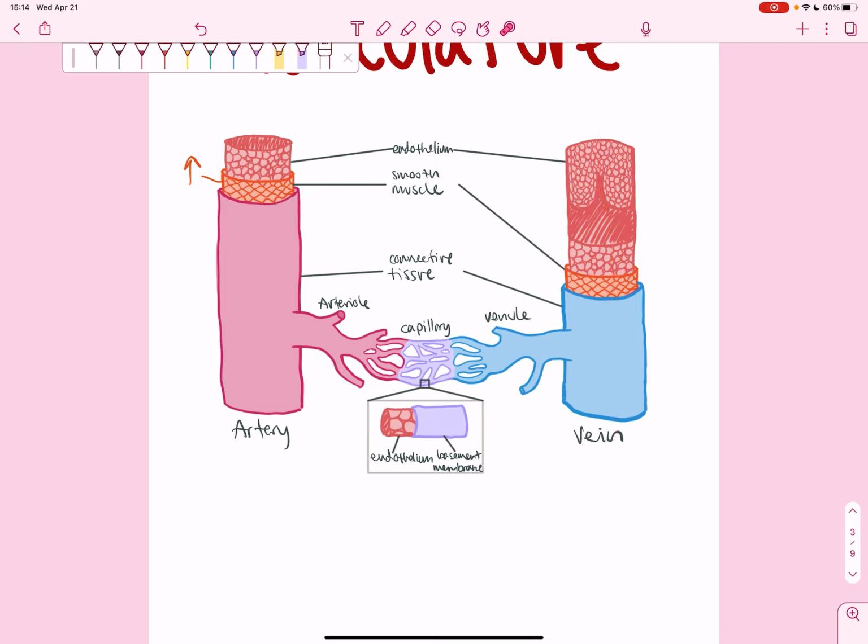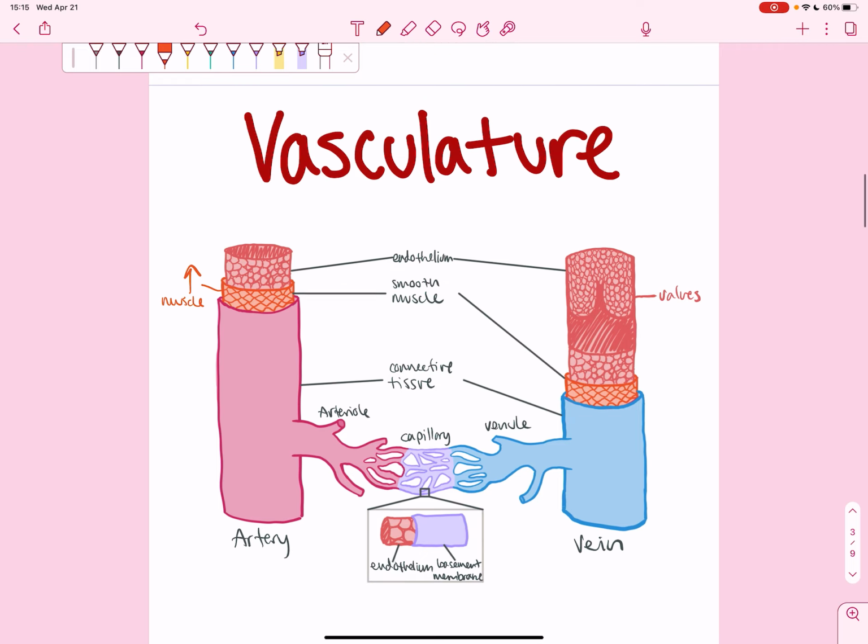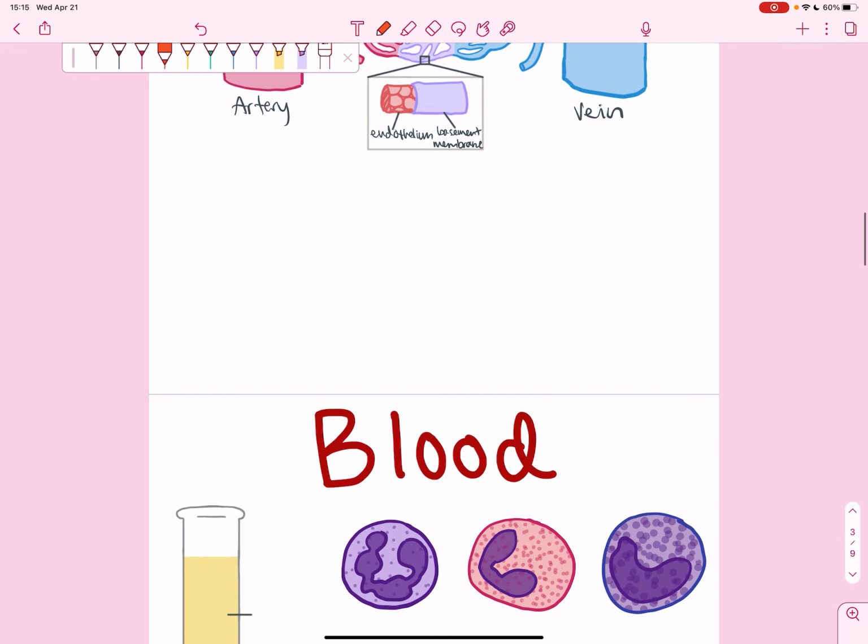I want to say valves, and just clarify that. Okay, that's that on vasculature.